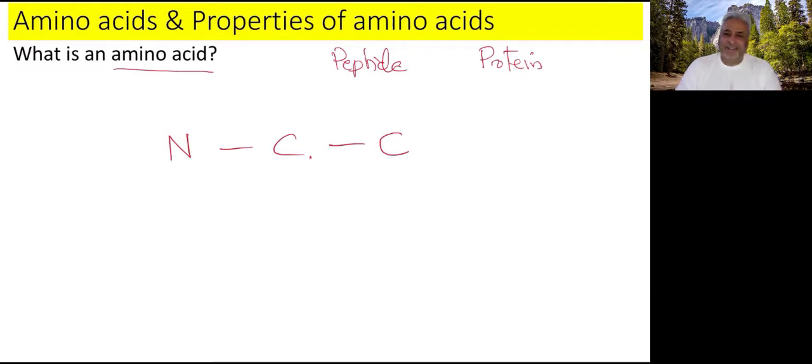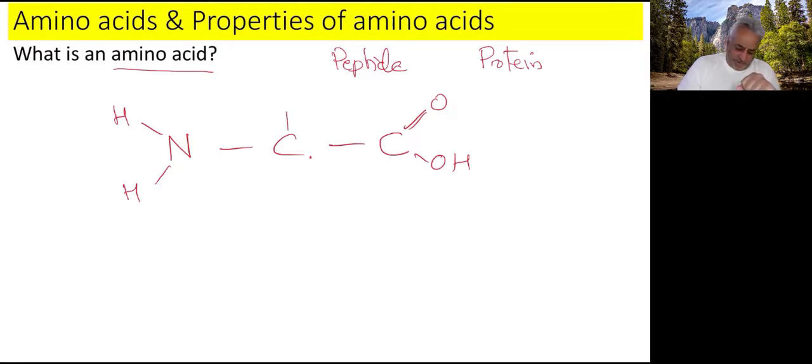That's bonded to the second carbon. And the second carbon is the one that we call the acidic part of the molecule. The nitrogen makes the ammonia part of the molecule. Now, depending on whether this is in the water environment or not, this molecule could be ionized. Regardless, this is an amino acid.